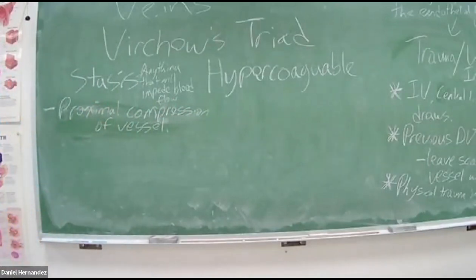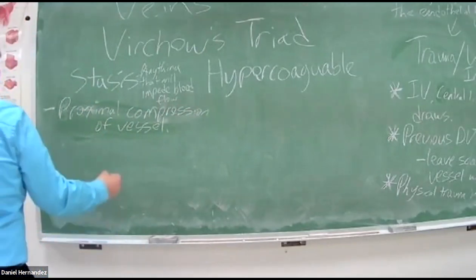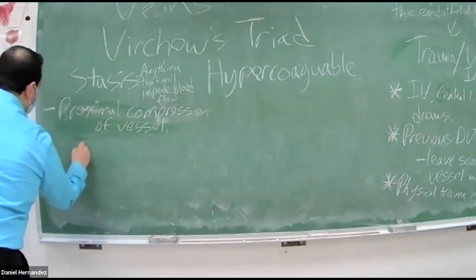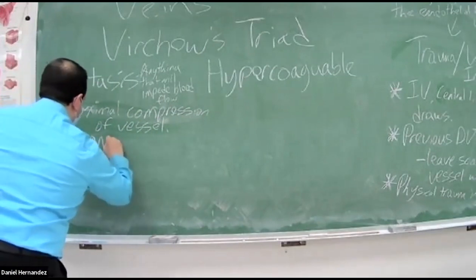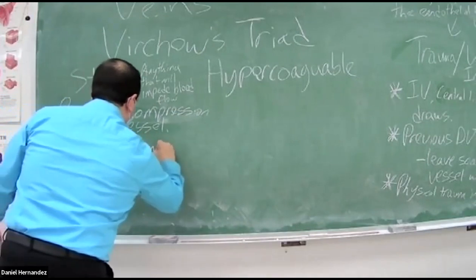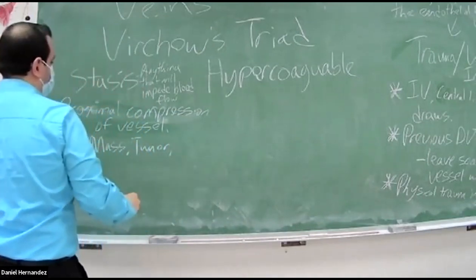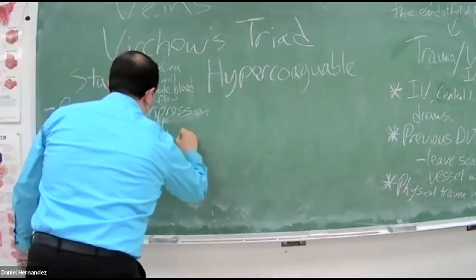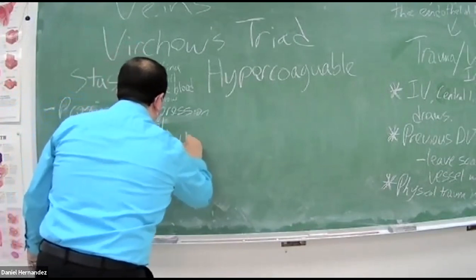So anything that can compress that vessel proximally is going to impede the blood flow. Things that could fall under that could be a mass, a tumor, maybe a large hematoma.